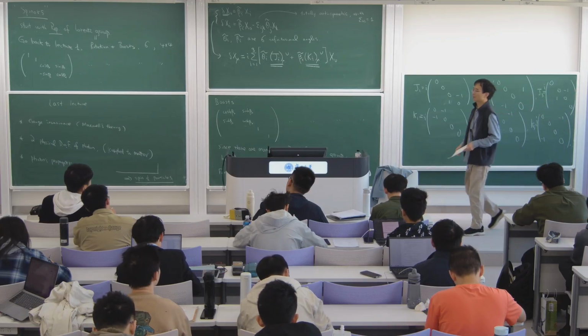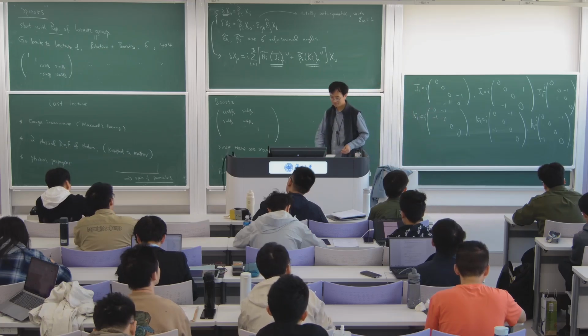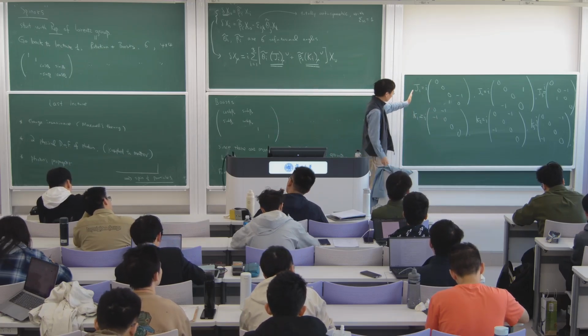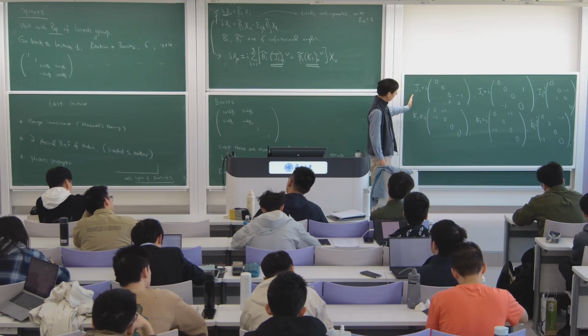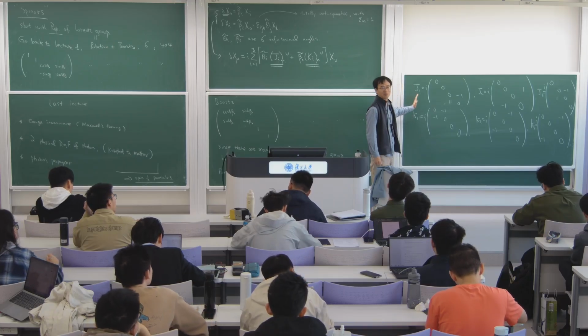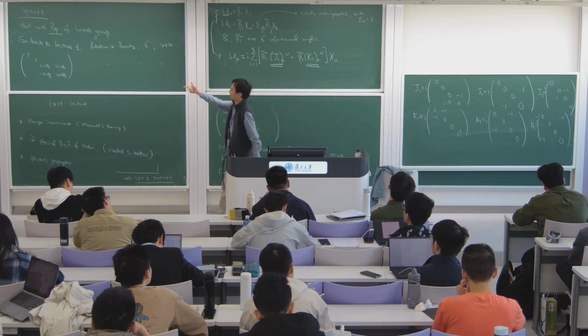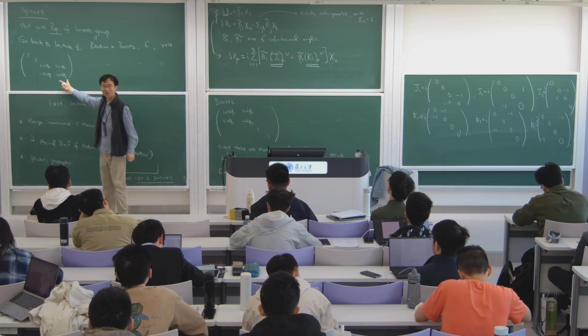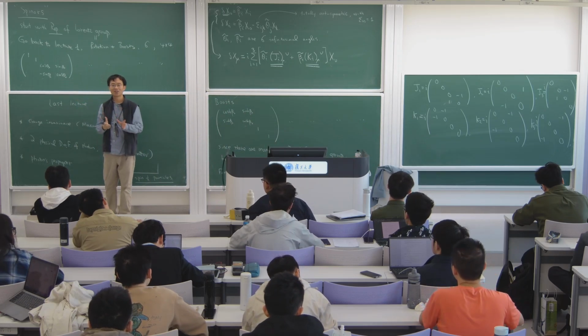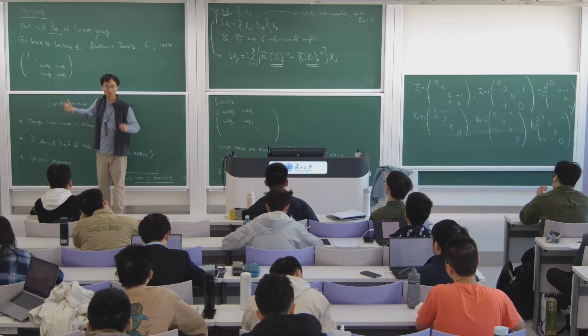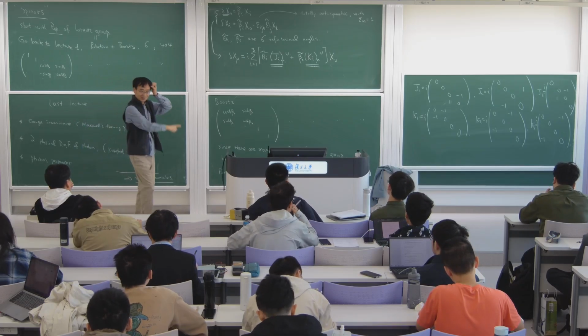So what is the relation? We need to check. Because this matrix represents the infinitesimal transformations, and this matrix is the finite transformation, you can imagine that I can manipulate this matrix to find those J and K.